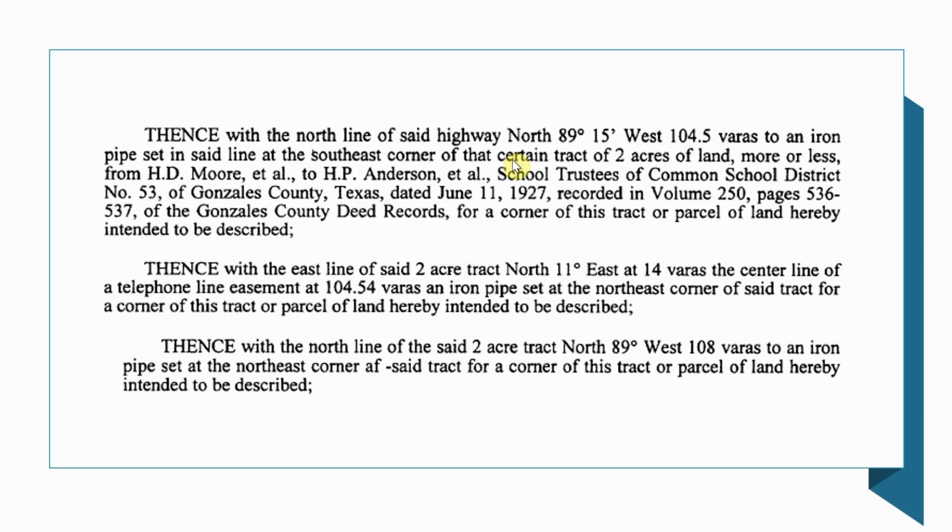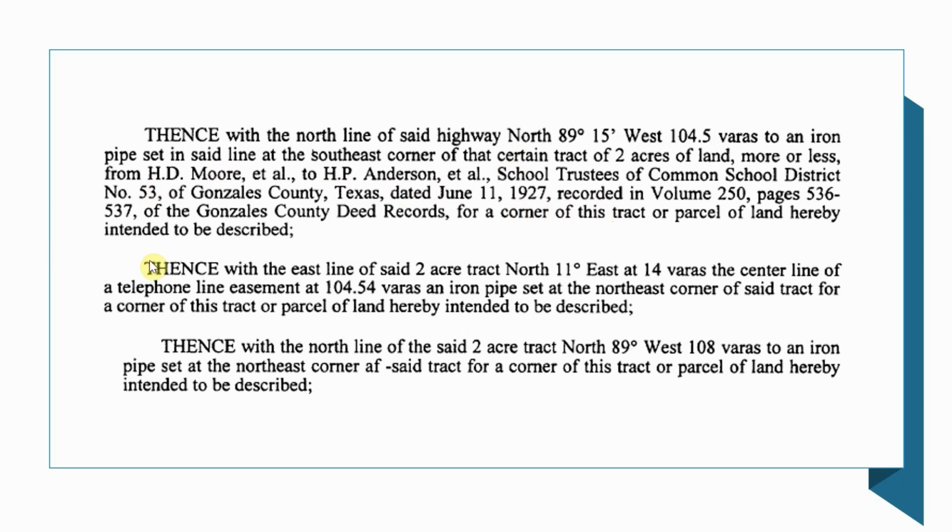So we're finding an iron pipe that's set, and we know that adjoiner, which is an important adjoiner, is another piece of property, a smaller lot right here of 2 acres of land, more or less, that we're going to be able to go and find. And again, because it's an adjoiner, it's going to be important for us to at least collect that evidence to make sure that we don't have any conflicting information.